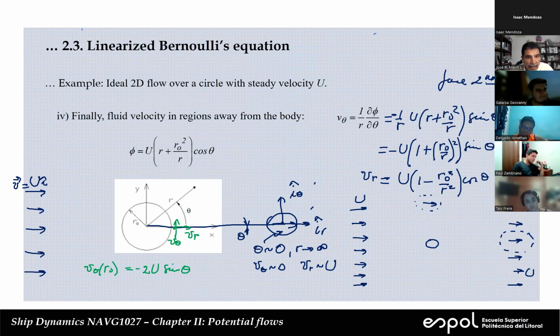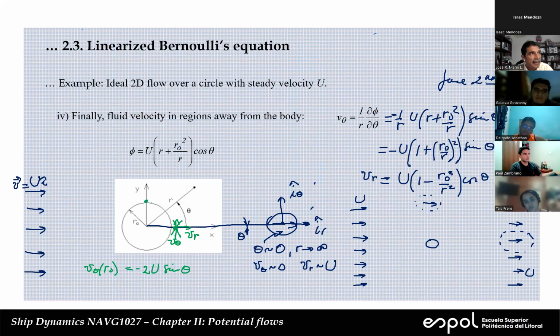If we're about here, theta is very small, so V theta is 0, that means that this component is basically null. Makes sense, because this is a symmetric body. So around here, basically the velocity is just in the x direction. There is no component in the vertical direction. Makes sense.